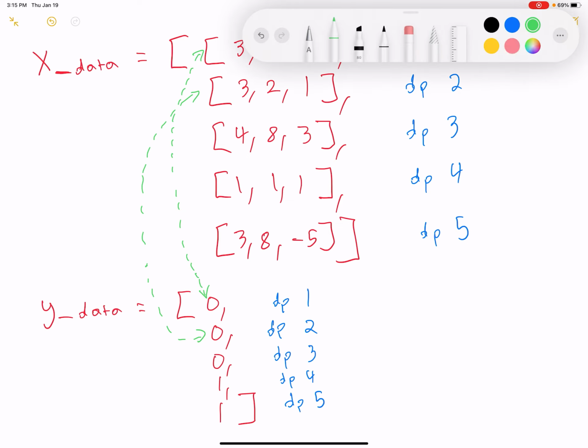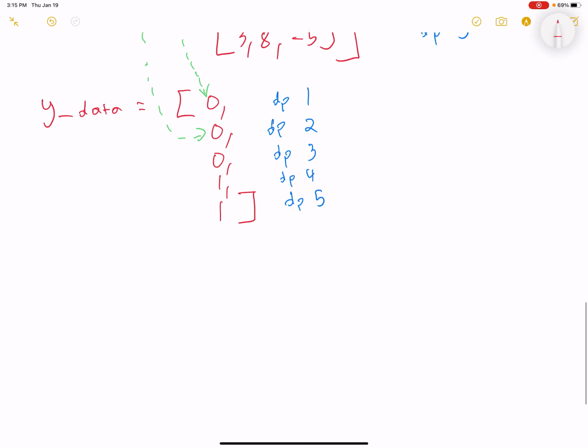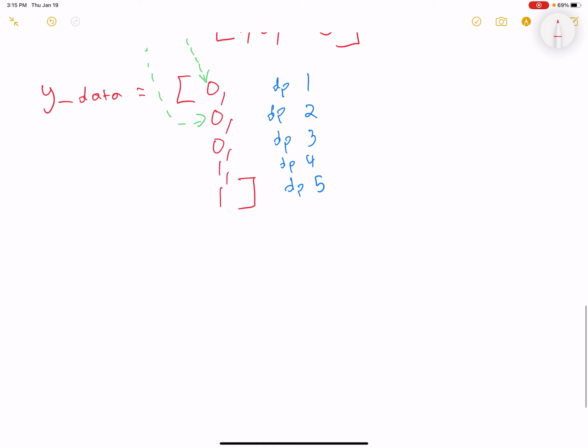So let's now take that and split it into a train and test set. The next step is to split data into train and test set.